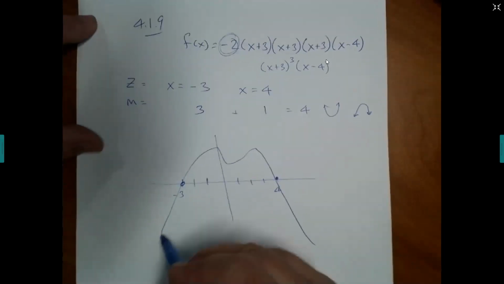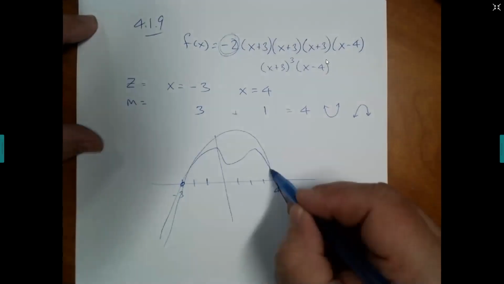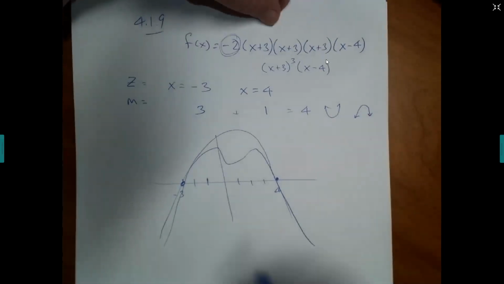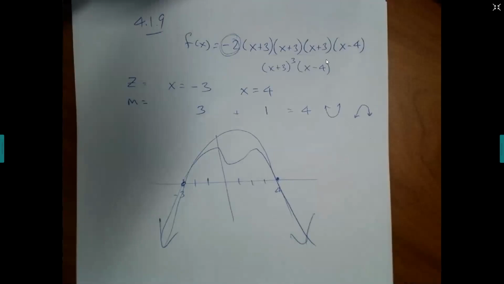We don't know what's going to happen in the middle just yet. We don't know how many vertices we're going to have. But this is all we know for sure: the endpoints are going to be pointing down, crossing through -3 and 4.